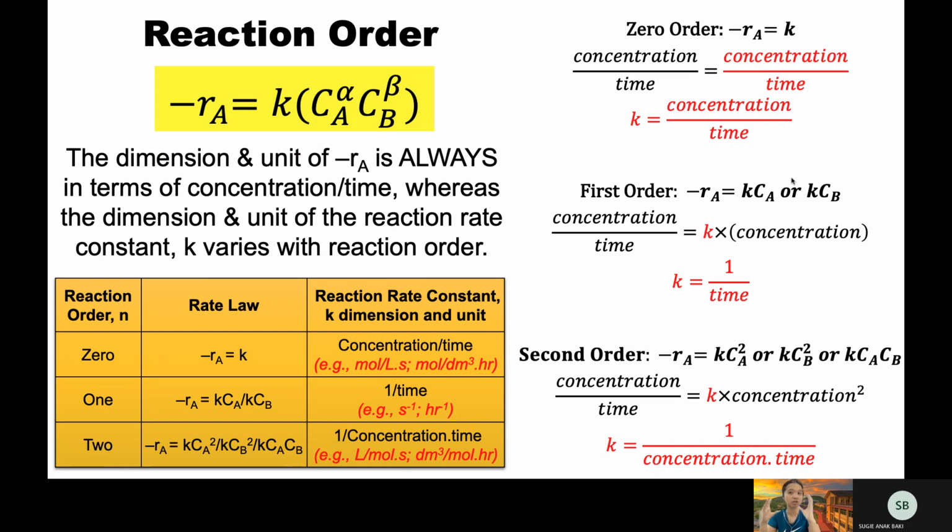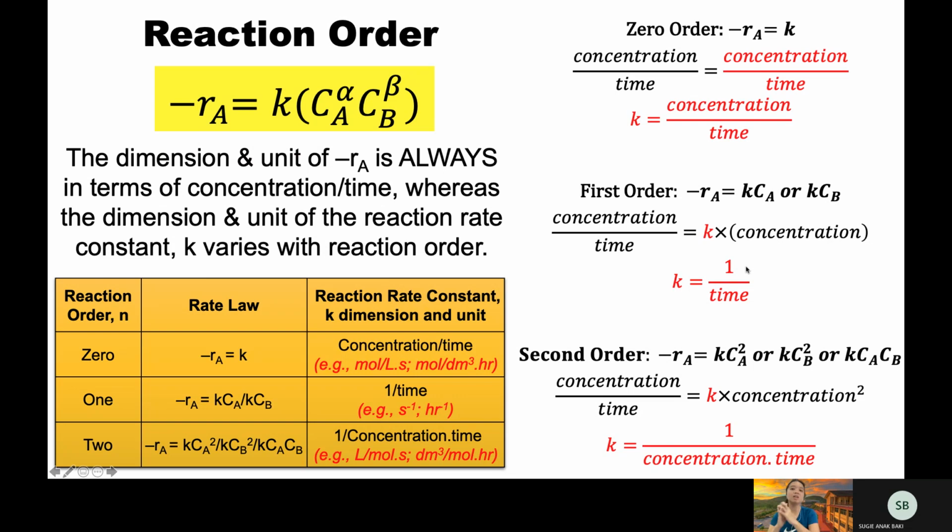CA and CB is concentration, right? So when I do this, I will get the dimension of K as 1 per time. So katakan per second, per hour, per minute. So if you still remember mathematics, kita boleh cancel kan concentration on your right. You bring to the left, you can cancel the concentration. You are left with 1 per time.